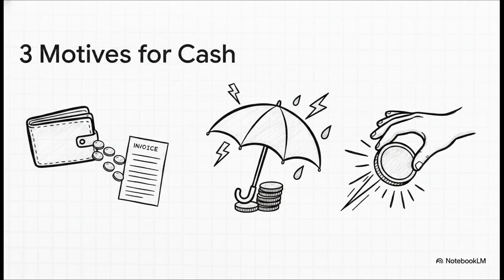It's basically an emergency fund for those unexpected shocks that inevitably hit every single business. And third, the speculative motive. Now, this is the fun one. This means holding cash so that when a sudden, highly lucrative investment opportunity drops out of literally nowhere, you have the immediate liquid funds to just seize it without scrambling around trying to secure a loan. Recognizing which of these motives is driving a company's cash balance is really your very first step in financial management.